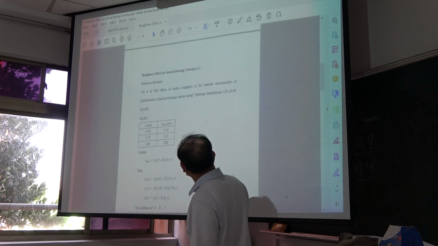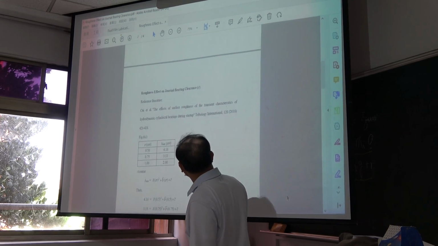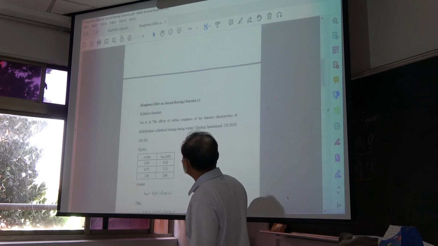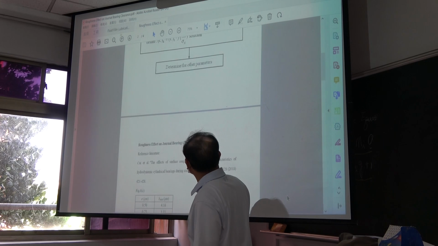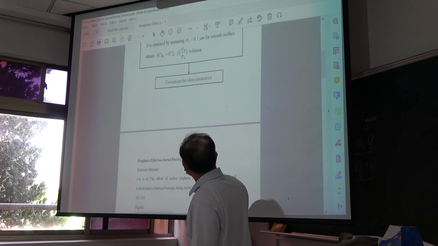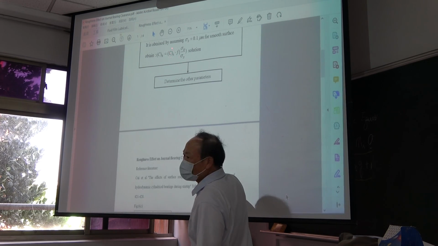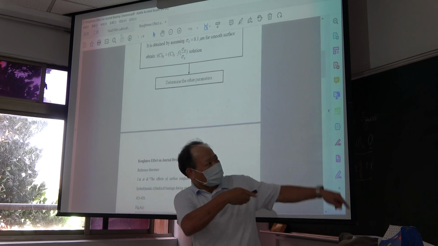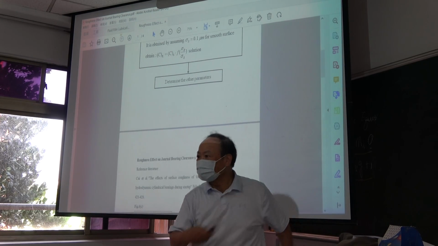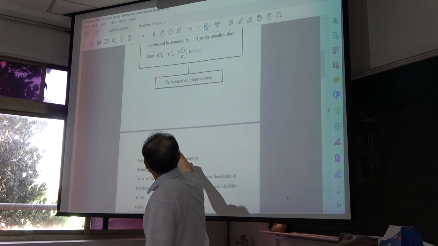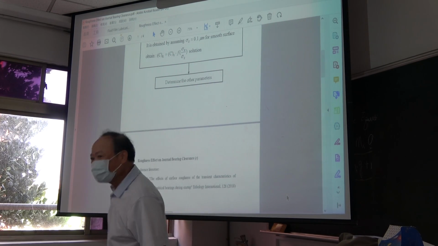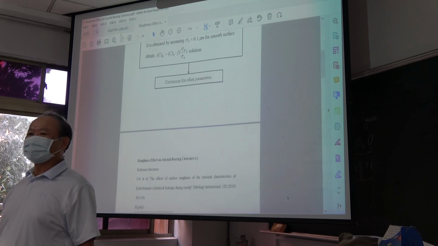So please read it after class, okay? It is useful in the design. You have a smooth clearance, right? This corresponds to your H minimum. Then multiply by your function. Then you obtain the real clearance you need.